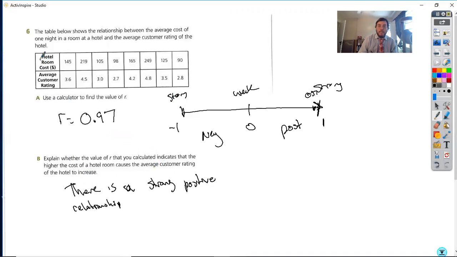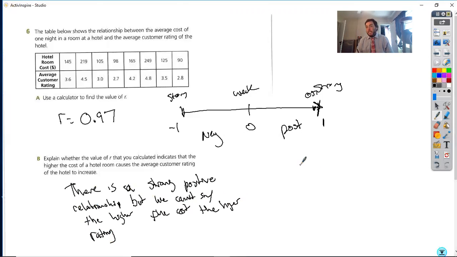So we cannot say the higher the cost, the higher the rating. We can just say there's a really strong positive relationship, and that's where we have to stop because we don't have enough data. All right, so this is the end of this lesson.